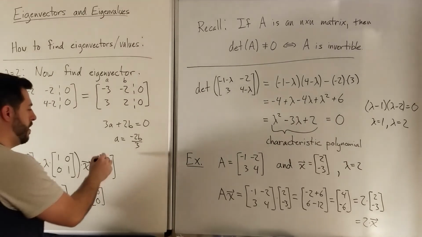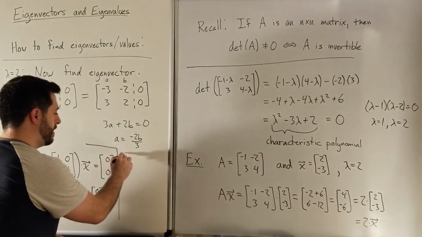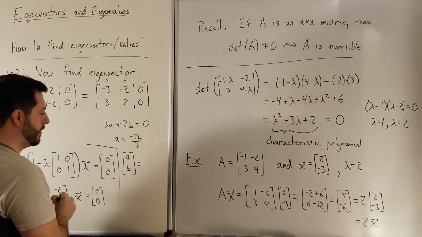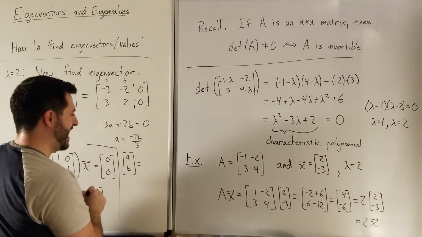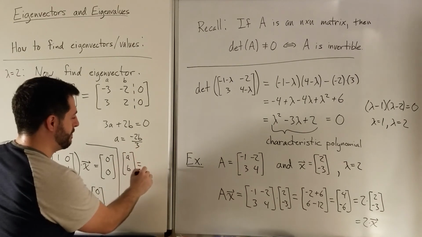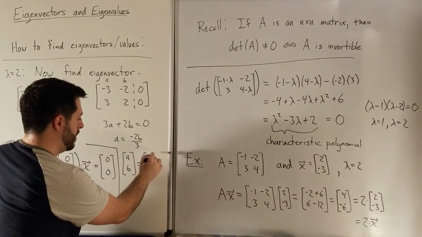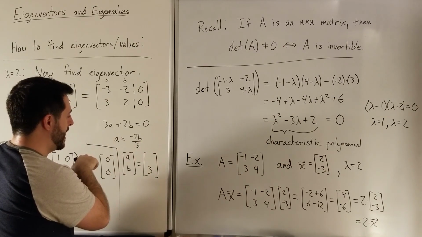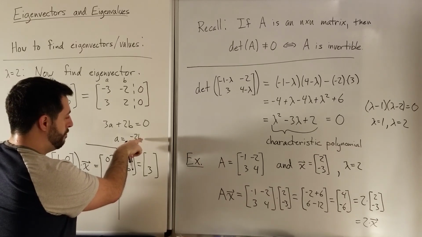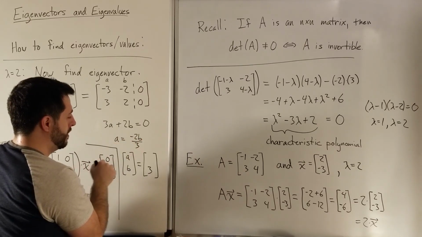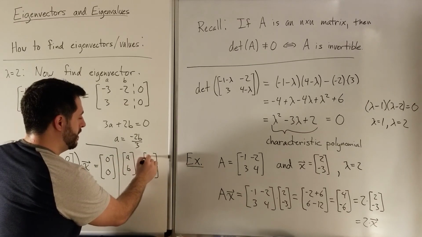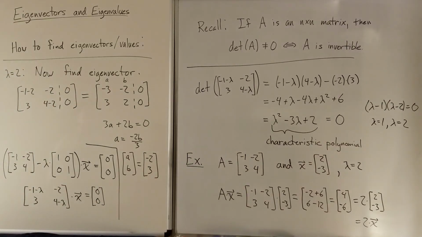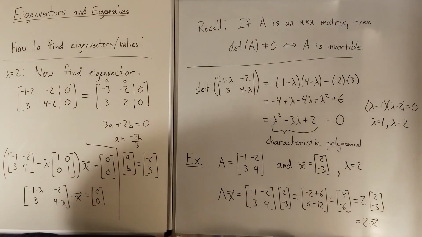So if we wanted to find a vector (A, B), what we would have to do is pick a B, and for convenience, I'm going to pick 3 for my B. Then we can figure out what A is based on that by doing B times negative 2/3. So 3 times negative 2/3 is negative 2. And this is an eigenvector corresponding to the eigenvalue lambda equals 2.